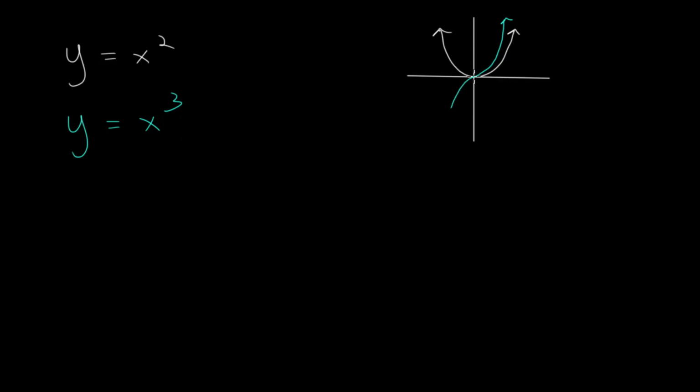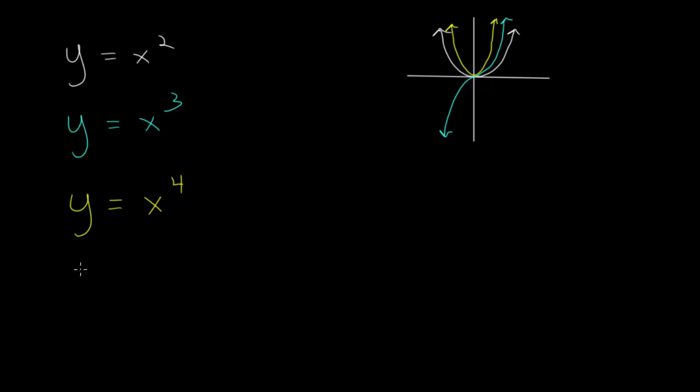So this will actually decrease and go down to negative infinity. And likewise, if we look at y equals x to the 4th, this is very similar to the parabola, but will approach infinity much faster, since in both cases, when you put in positive or negative numbers, your result will be a positive number.